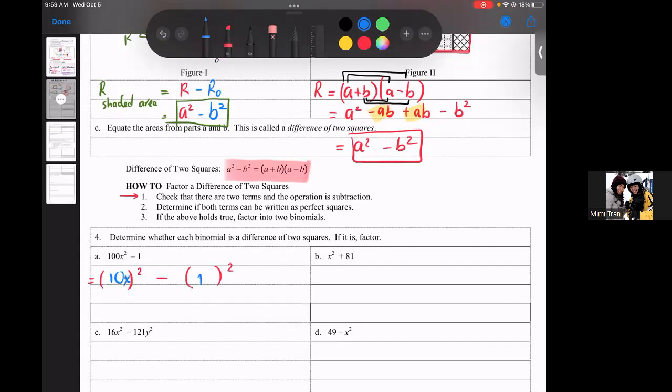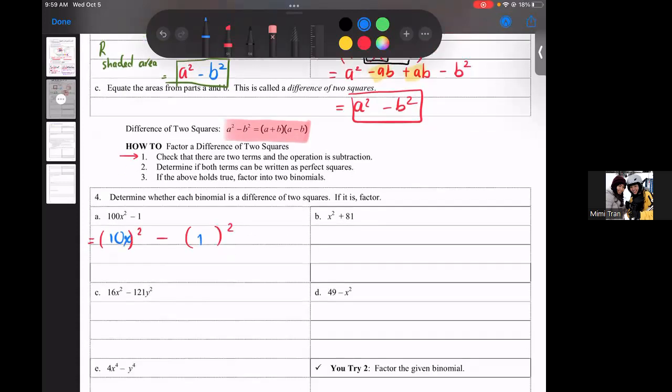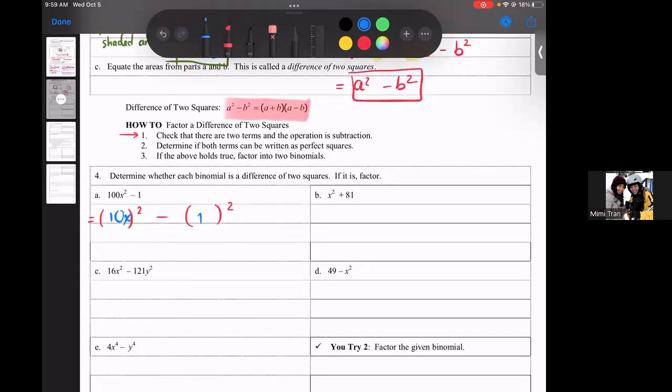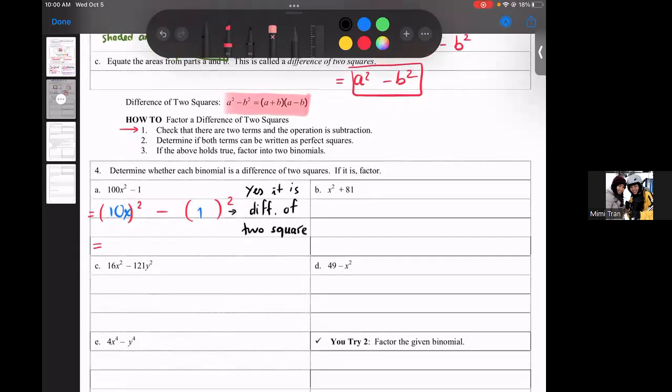Oh, I forgot the x. And that's it, you're done. So you say yes, it is a difference of squares. Diff means difference, I don't have enough space. And then now that you confirm it's a difference of squares, you use the formula.